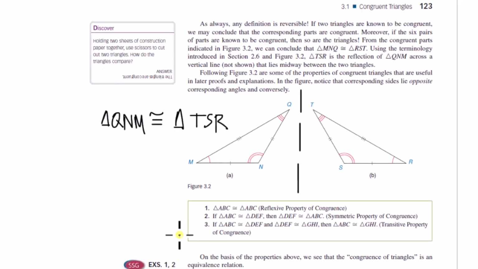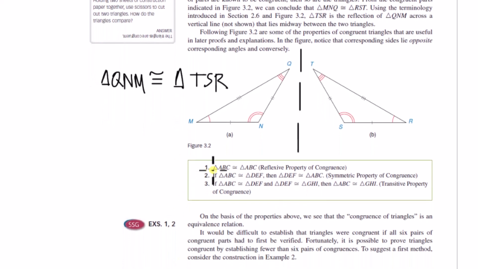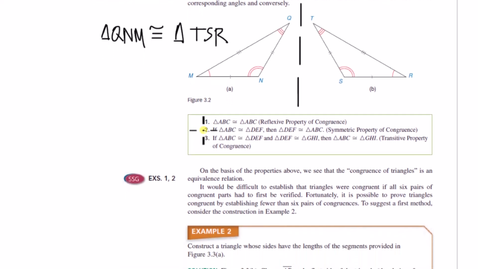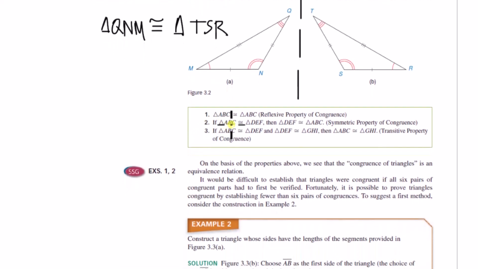Okay, so now here are those properties they talked about. If you have triangle ABC is congruent to triangle ABC, that's the reflexive property of congruence. So this is a property of congruence, not just of congruent triangles.